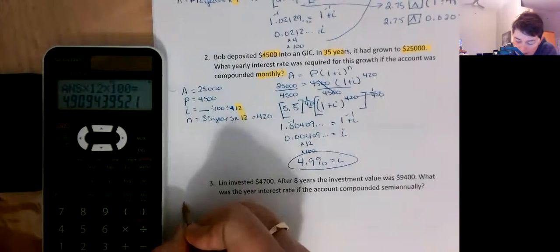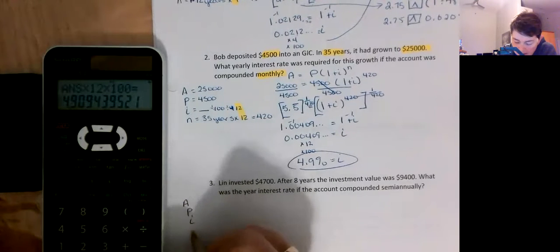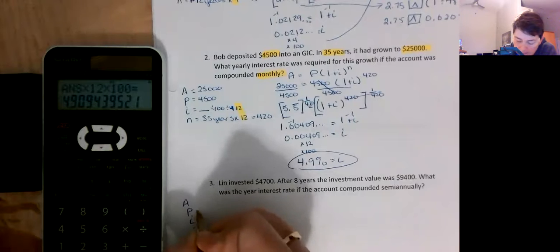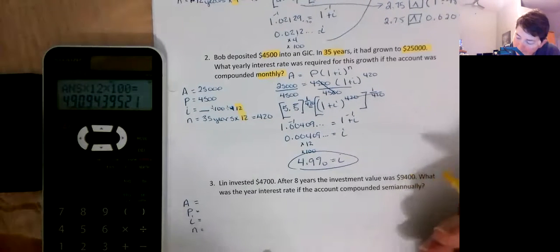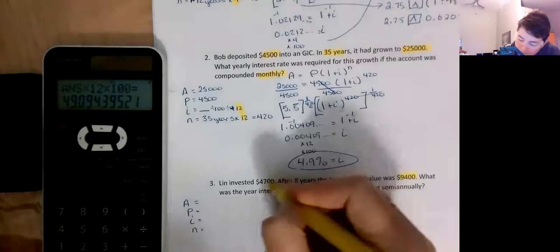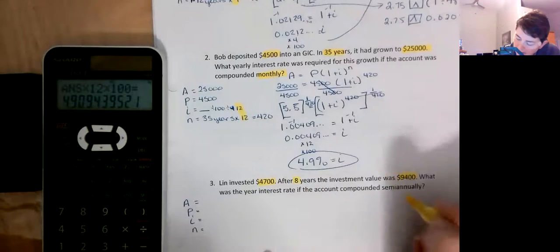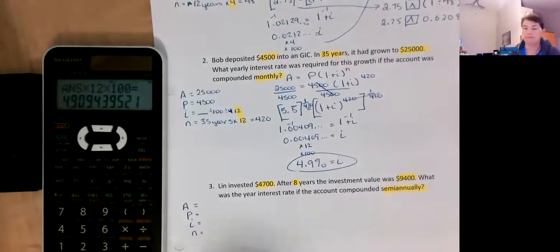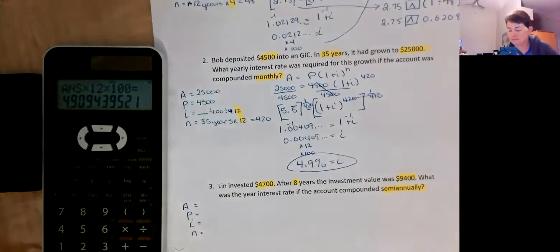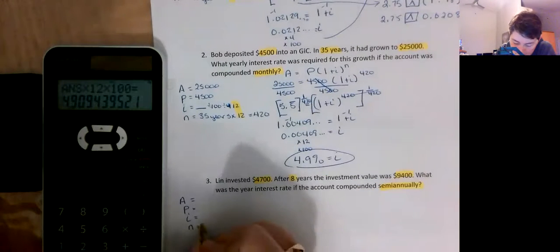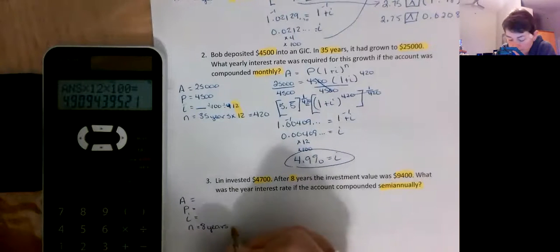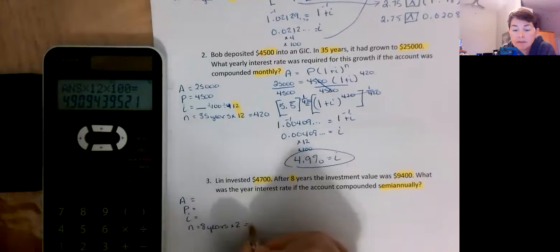So, A, P, I, N. There are 8 years and semi-annually, so 8 years times 2 is equal to 16.